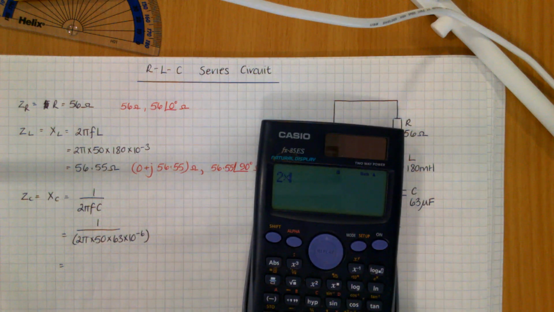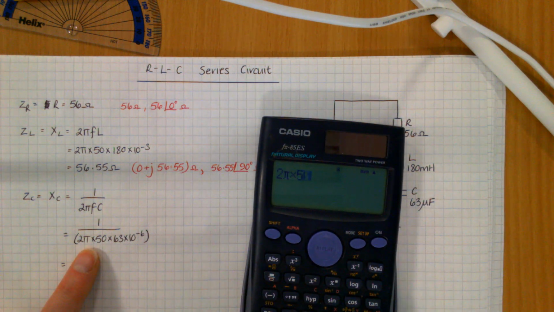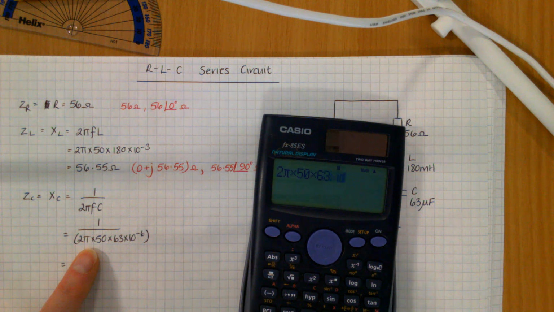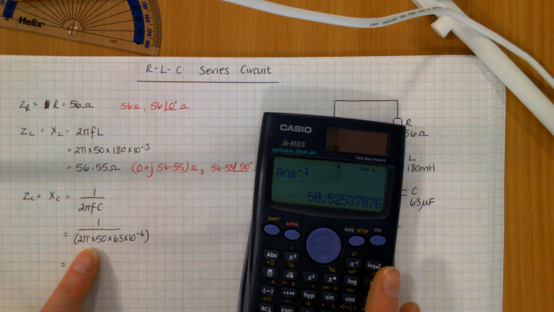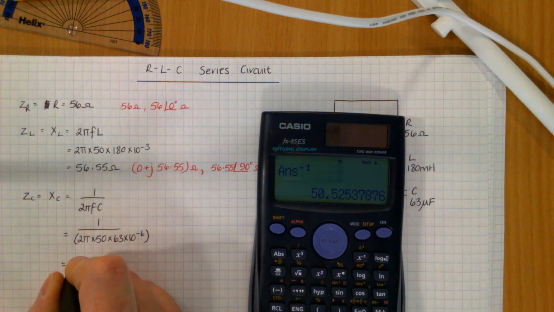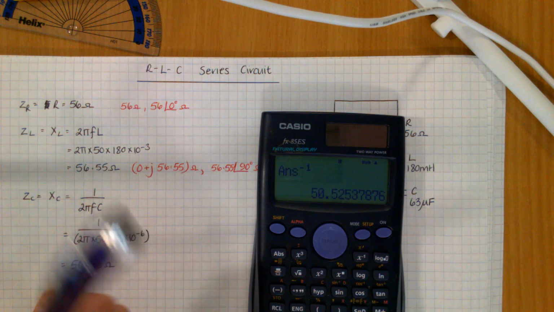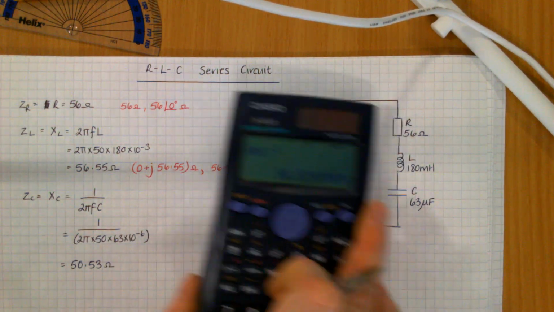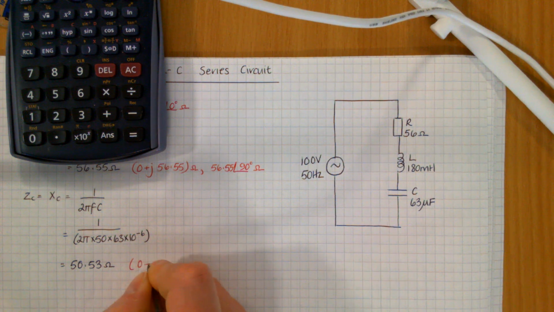Right, okay, so back to this calculation here. From XC, I've got 50.53. So that, as a rectangular number, is 0 minus j50.53.